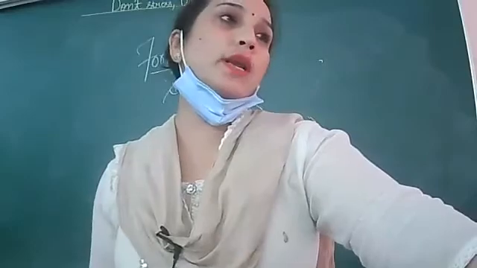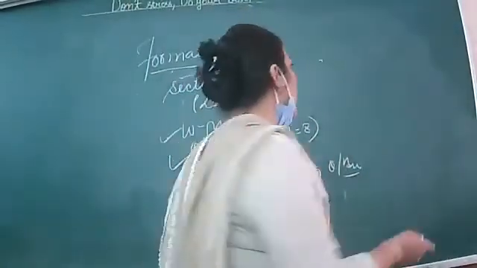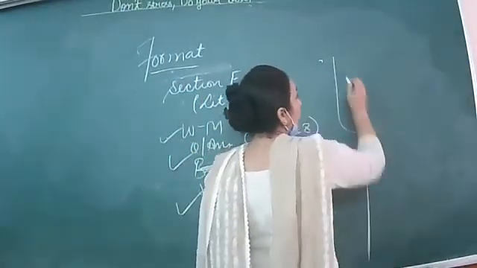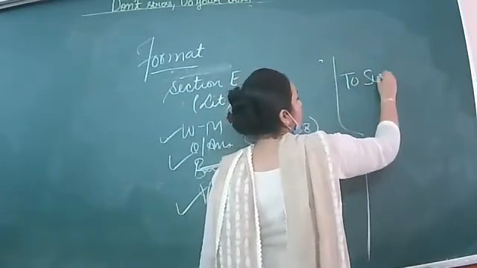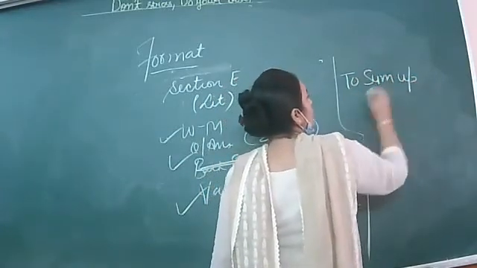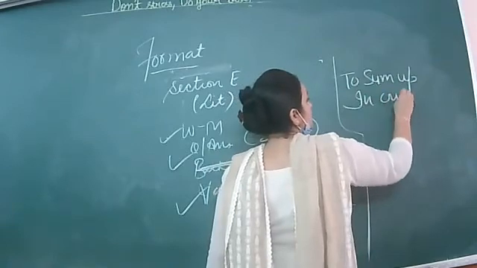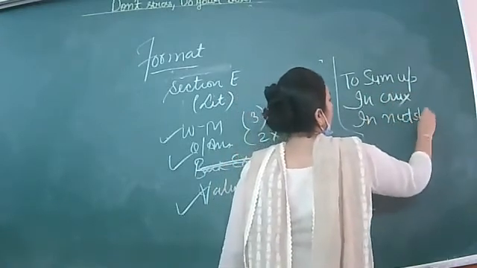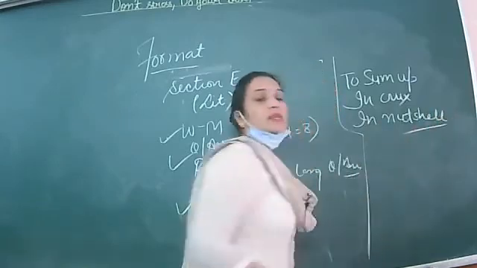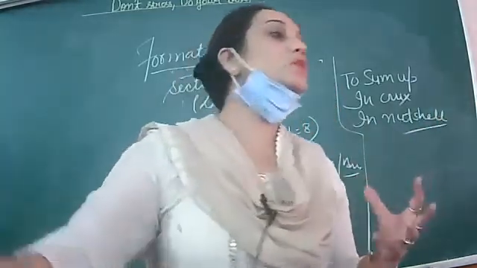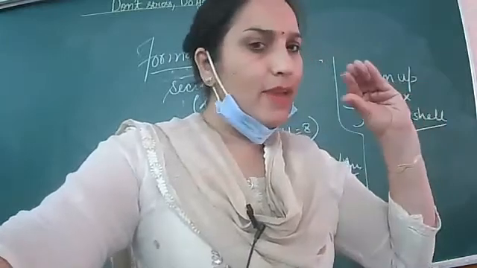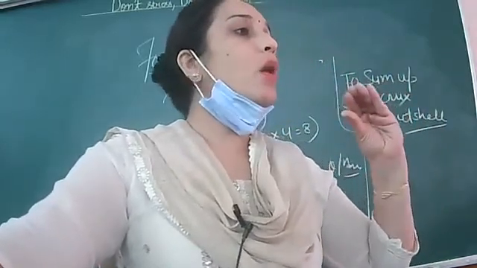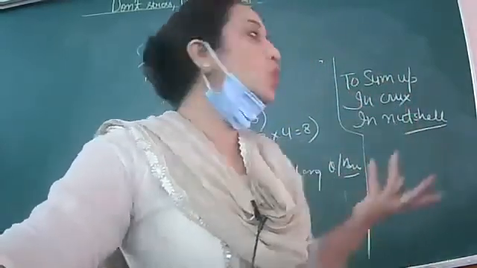After that, the conclusion. When you conclude your article writing, to sum up with such smart lines, you can write in crux, in a nutshell. I have told you when I taught you article writing. So you can pick up any of these good words, and in this way you can frame a very small paragraph about your conclusion.